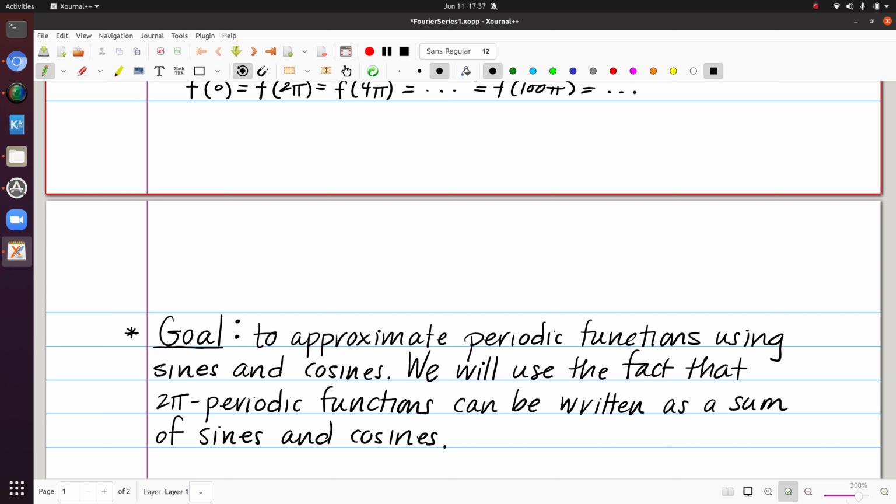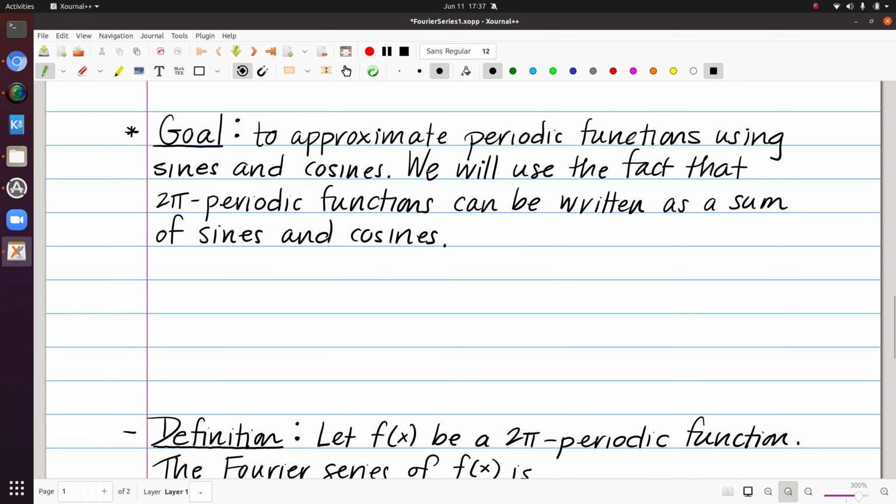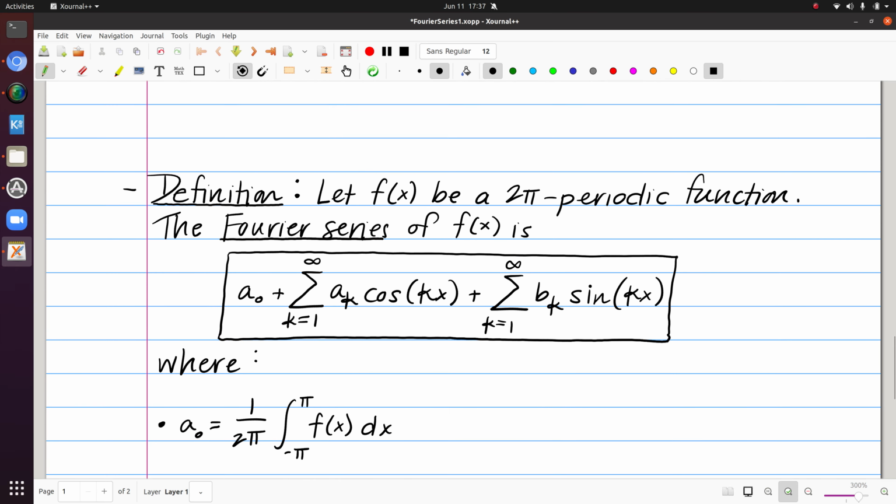So again, aligning this with Taylor series, with Taylor series we were trying to approximate a function by sums of powers of x. And here, we're looking at sums of sines and cosines toward that same goal. And we are restricting our focus to 2π periodic functions right now.